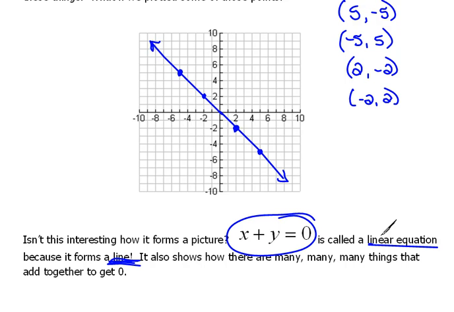That's where part of the word linear is line. This also demonstrates that there are a whole bunch of things that we can add together to get 0. In fact, every single point along this line has to work in the equation x plus y equals 0.